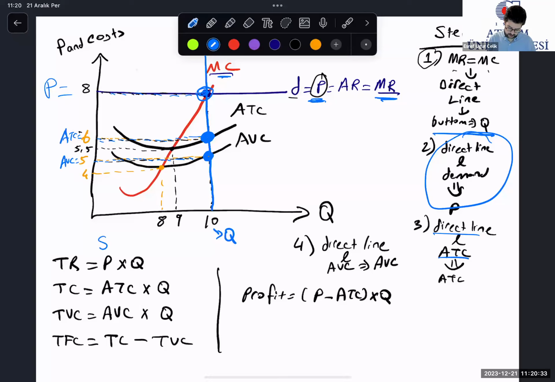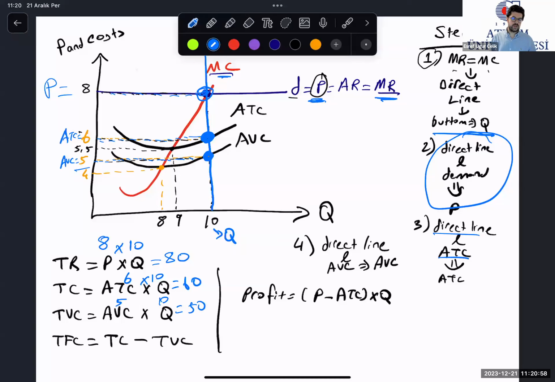So 8 multiplied by 10, 80. Total cost: average total cost 6 multiplied by 10, 60. Average variable cost, 5. You can see over there, multiplied by 10, 50.